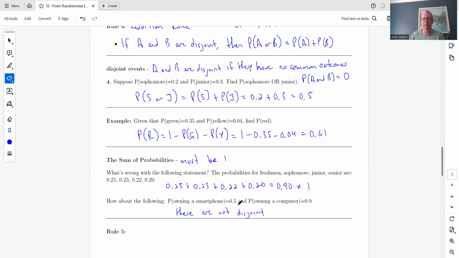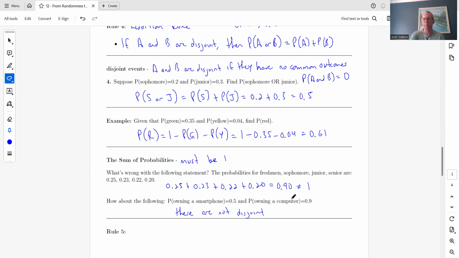And the further over 1 they are, the more overlap there is. If they are disjoint, meaning they cannot happen at the same time, then the probabilities cannot add up to more than 1. It could possibly be less than 1.